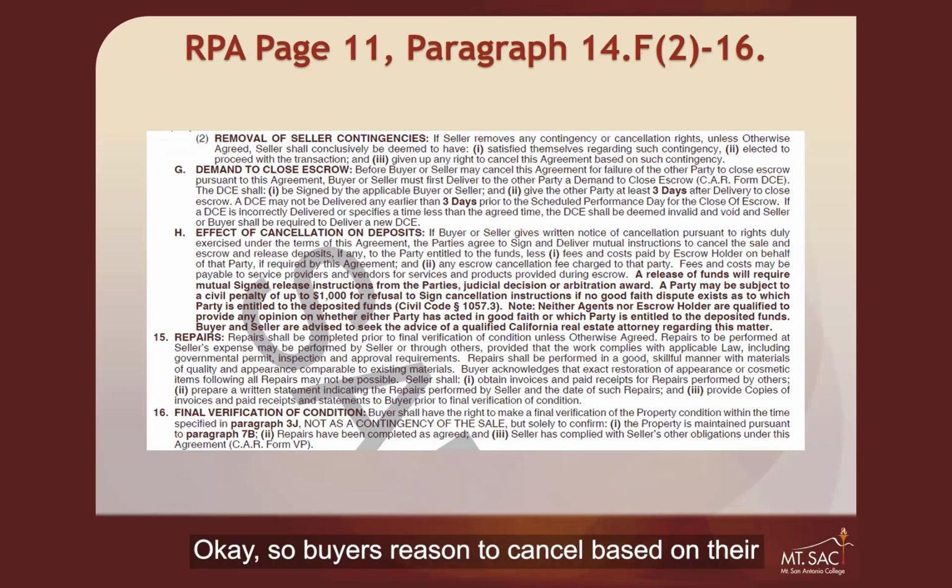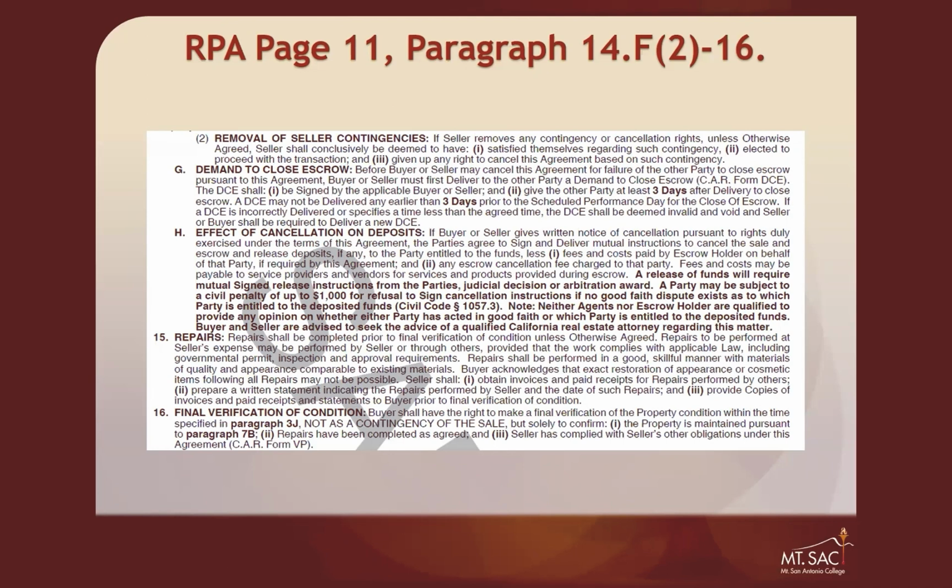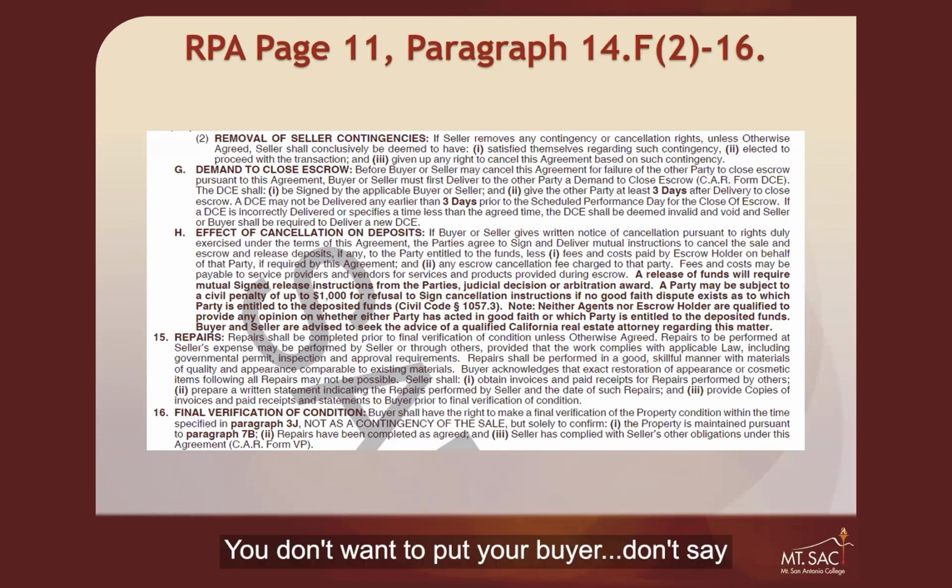So the buyer's reason to cancel based on their contingencies needs to be based on good faith. While they don't have to give a reason, it still needs to be based on good faith. So again, keep that in mind. Don't say, oh, buyer, you can cancel for any reason. No. It needs to be based on the desirability of that house to buy.